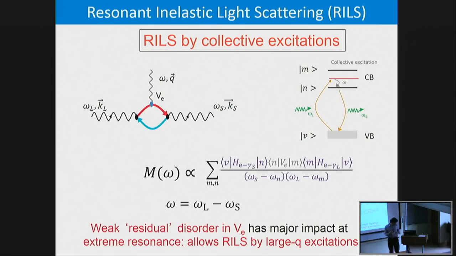Can you give us a sense of scale for omega? It can vary quite a lot. In these experiments, I should say, we look at omega on the order of the Zeeman energy, but it can be significantly larger than that.